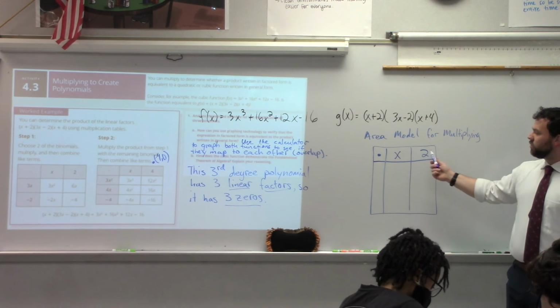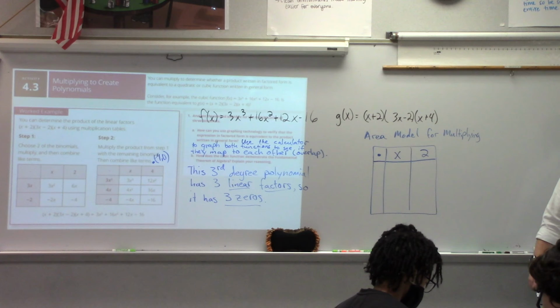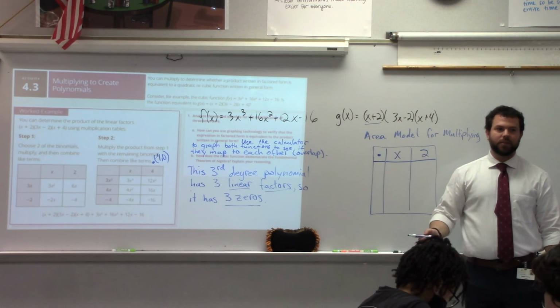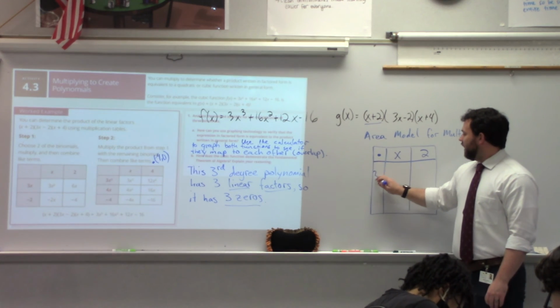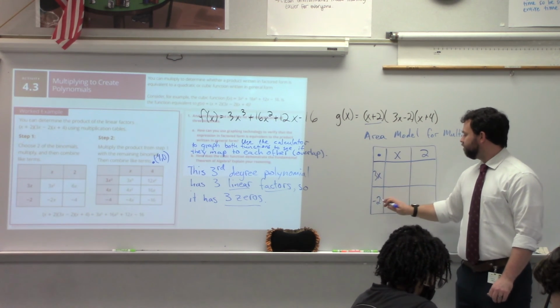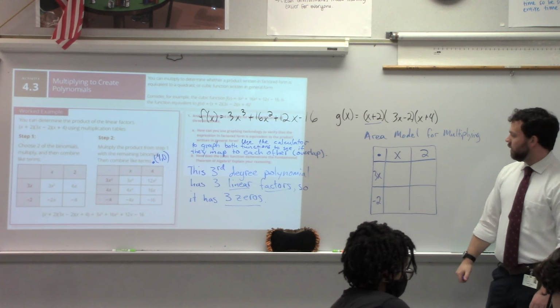Why is it x and 2 and not negative x and negative 2? Notice it's x plus 2. Both of those are positive. You okay with that? Right? That's all it is. And then we have a 3x and a negative 2, right? And that's negative because we're subtracting.